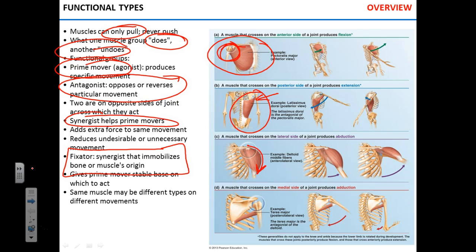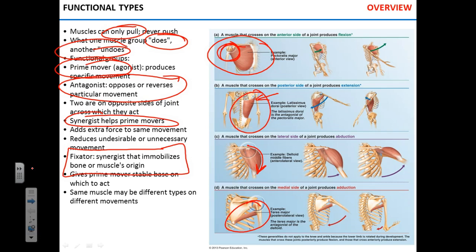Muscle that is lateral to the joint, like deltoid muscle, will always abduct the joint. Okay? Abduction of the arm. Tensor fasciae latae, here's this muscle. Abductor of the leg. The muscles that cross the joint on the medial side always adduct.